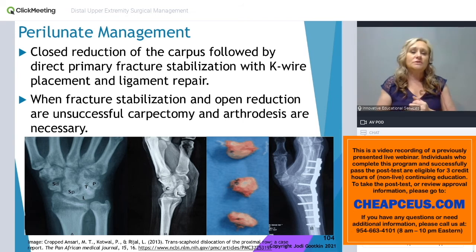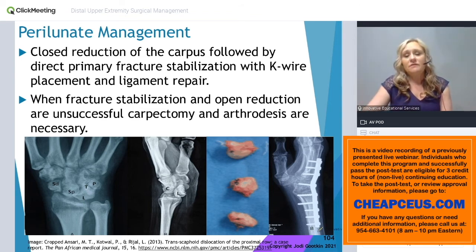And many of the surgical references say that only life-threatening injuries should supersede the need to address this, that at least the person should be splinted to try and stabilize it, because years out, even if they try to address it, patients still have compromise. If the lunate is fractured, they will try to stabilize that and repair it. If the instability is too significant, the patient may need a carpectomy, removing all of the bones, and an arthrodesis.